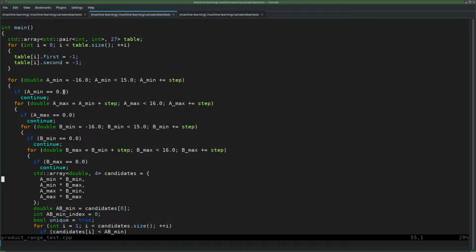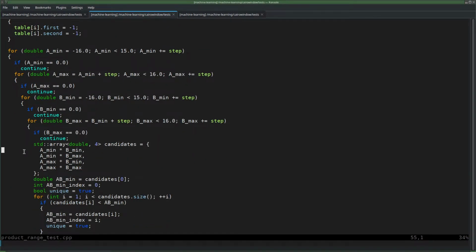The only thing you know is that I have an A that's in this range between A min and A max, and I have another one that's B, which is in this range between B min and B max. And then I'm going to multiply them. What is then the range that the product will be in? So what is the minimum possible value and the maximum possible value of the product?